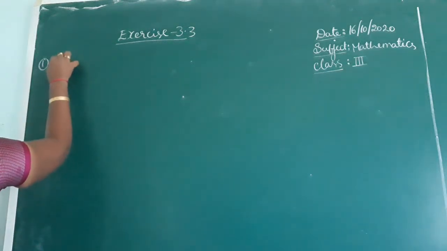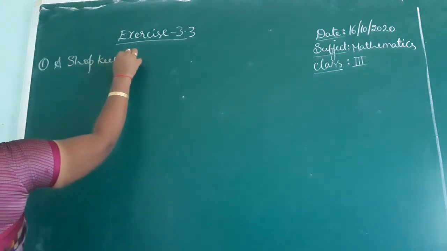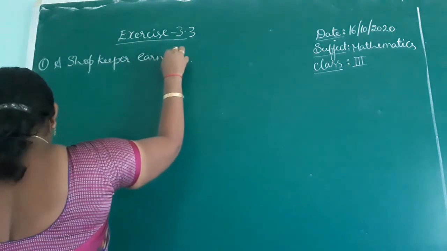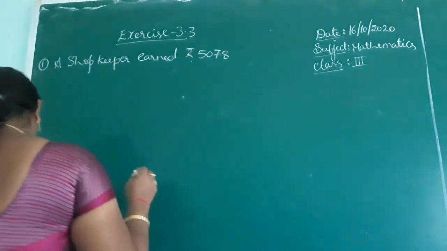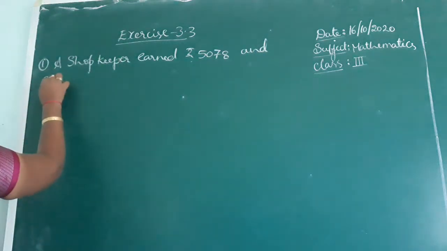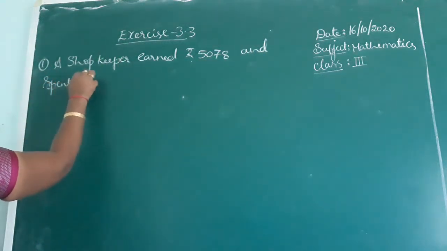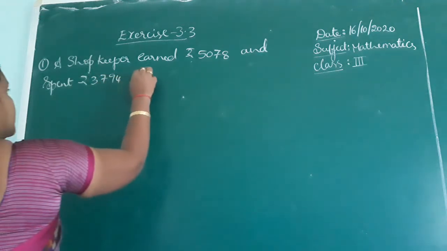A shopkeeper earned 5,078 rupees and spent 3,794 rupees in a month.